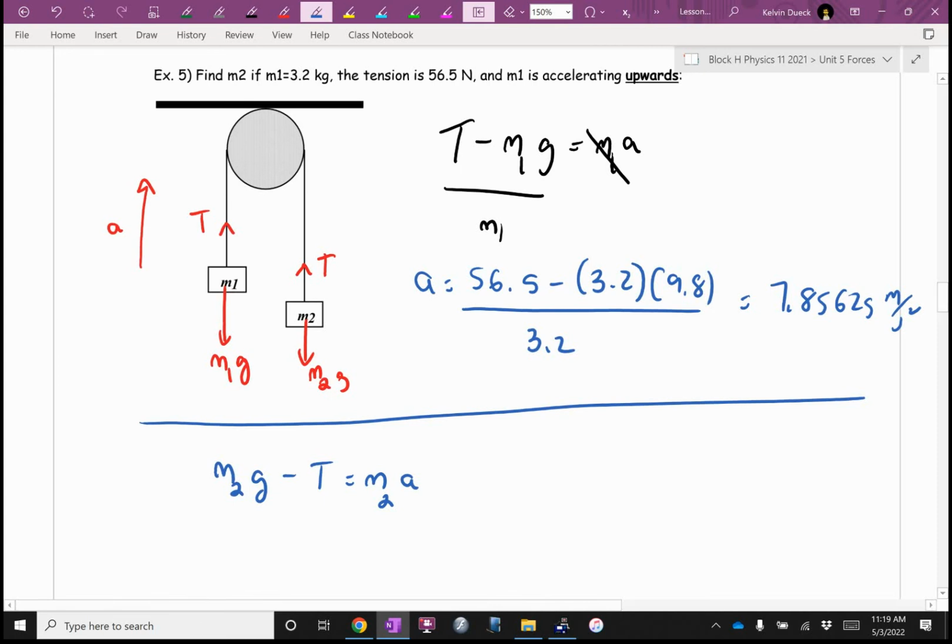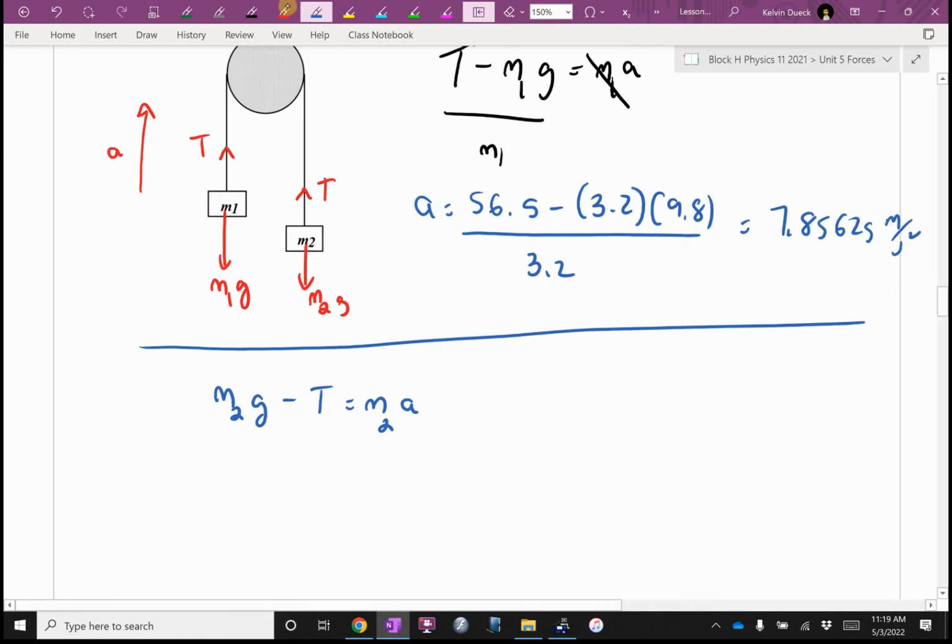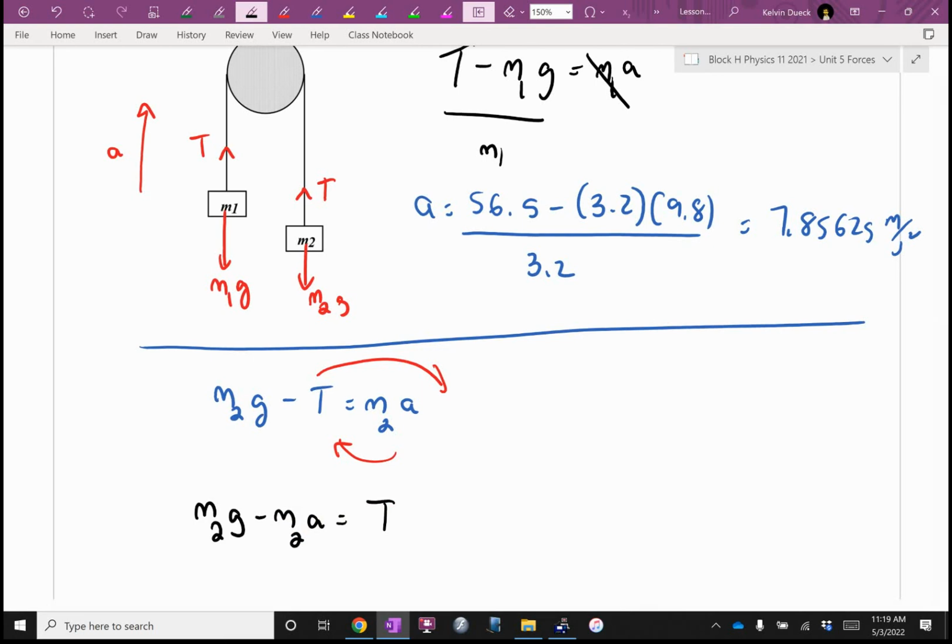You know what? Let's get all the M2s to the same side. I'm going to swappy dance. I'm going to plus the tension to here, minus the M2A to here. Sadie, how many M2s do I have? How many would I prefer?